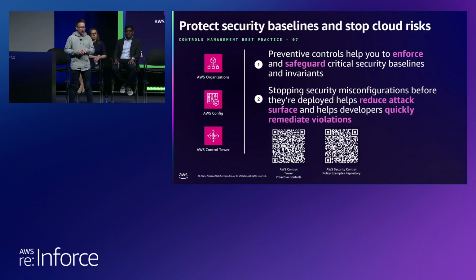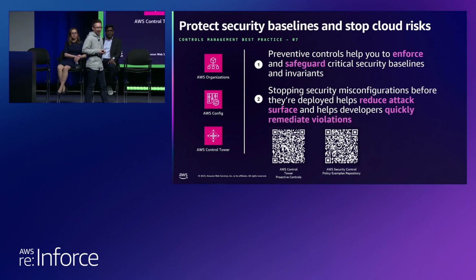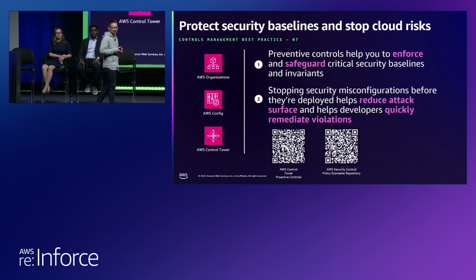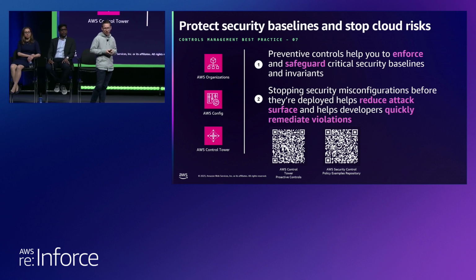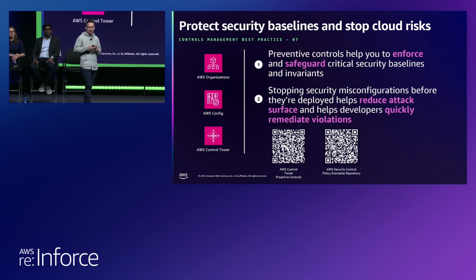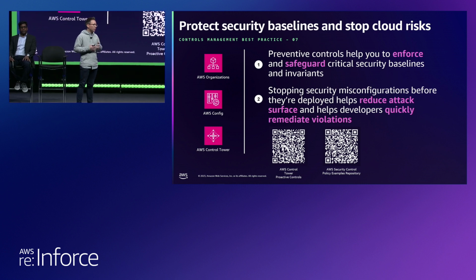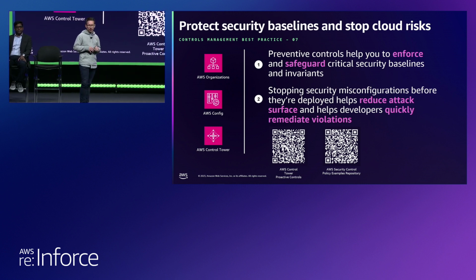So, as we mentioned, enforcing those invariants and safeguarding those critical baselines is one of the best ways that you can accomplish this, stopping security misconfigurations before they're deployed into your environment. As Nivas was mentioning earlier, let's try to reduce our attack surface in the first place.